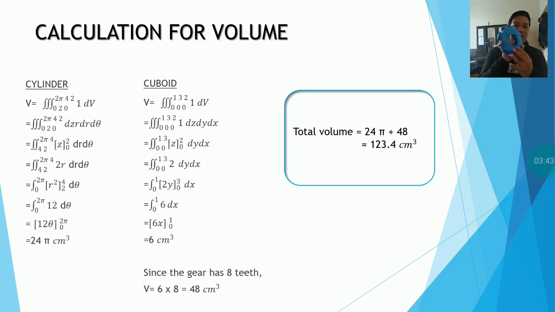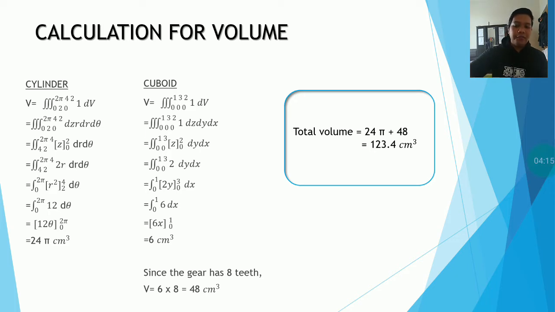That's why I choose 0 from the x axis to a full circle, which is 2 pi. As I put in the slide, this is the equation I chose, and I also put in all the limits and calculated it, and the total volume of the cylinder is 24 pi cm cube.